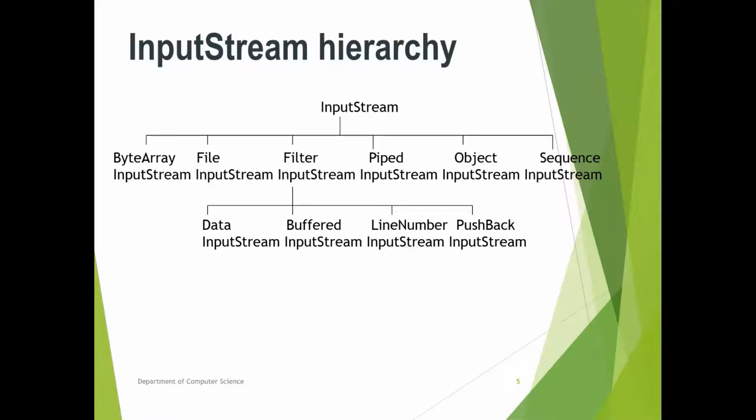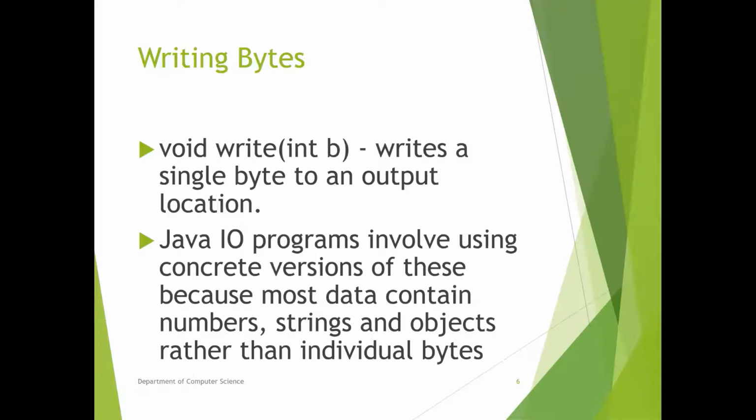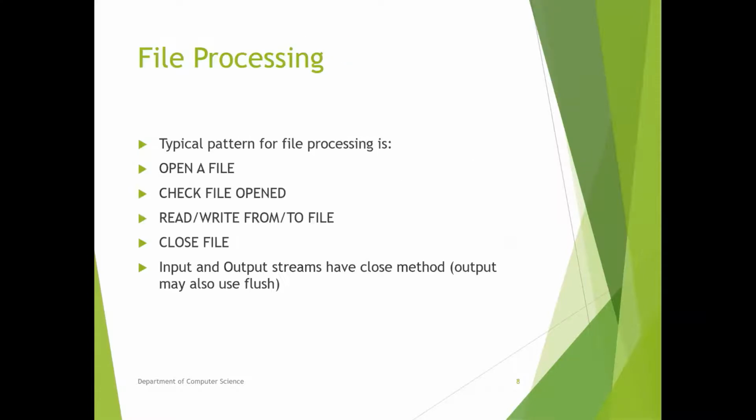I have broadly classified here mainly six to seven classes. Now, one more thing: what is the procedure to read and write the data? First, I create a stream class, that means creating a class object based on the source of reading and writing.